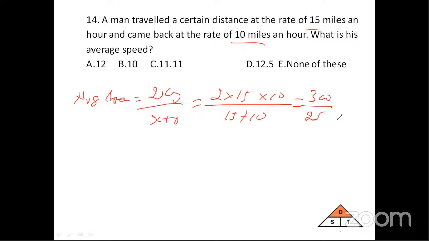When we divide these two, we get 12 miles per hour. So the average speed is 12. Fine, you got it? 12, yes, perfect, correct. 12 is the right answer.